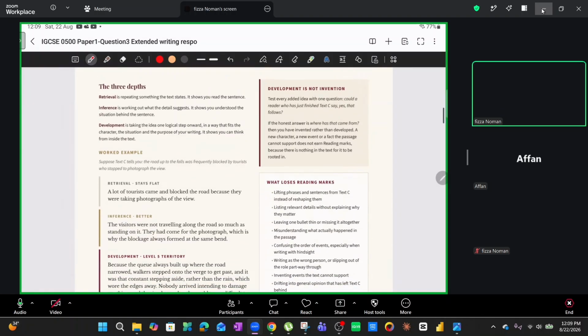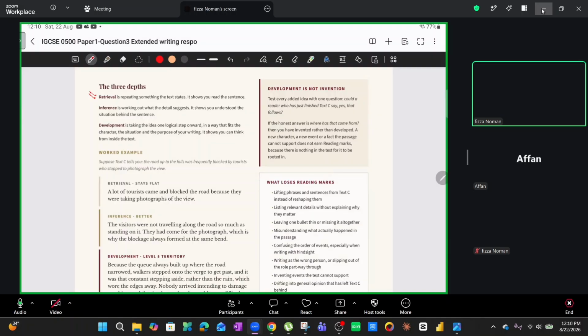Now, the 3 depths. Retrieval is repeating something the text states. It shows you can read the sentence, basically. How exactly are you going to retrieve information from the sentence? Get information from a sentence. Inference is working out what the detail suggests.